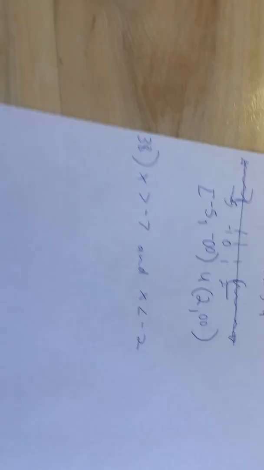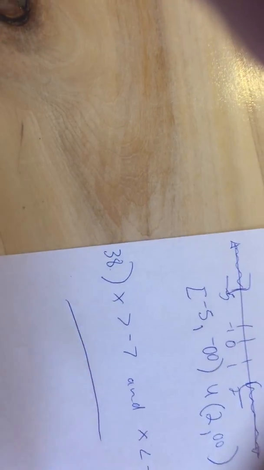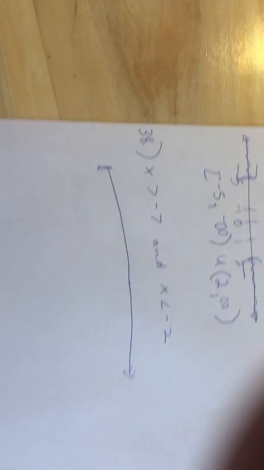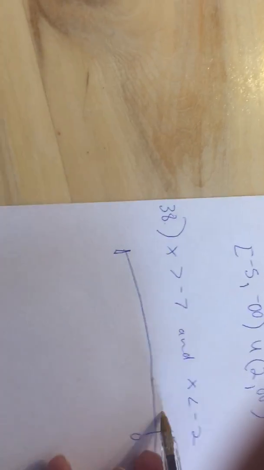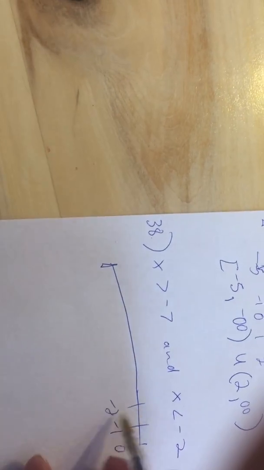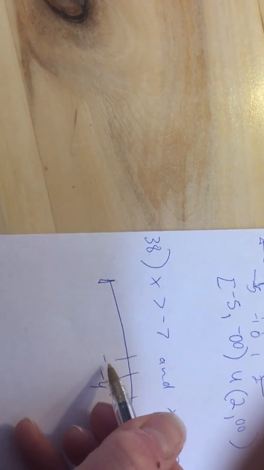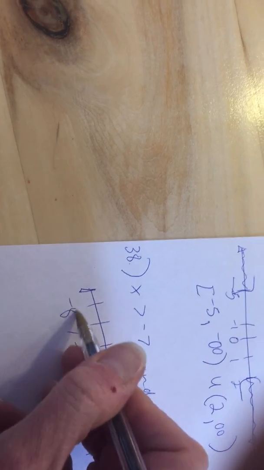All right, that brings us to problem 38. Problem 38 is the same idea, but it's an "and" situation. I like to do these just right on the same graph. So if you have 0 here, -1, -2, -3, -4, -5, -6, -7, -8.